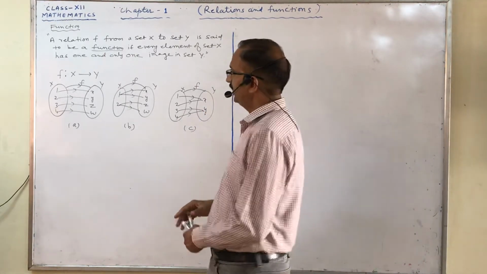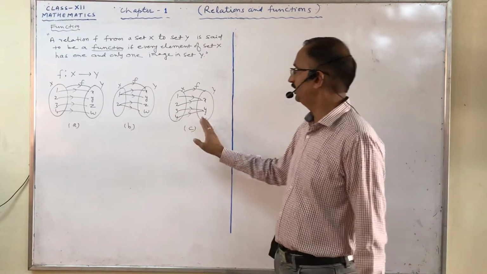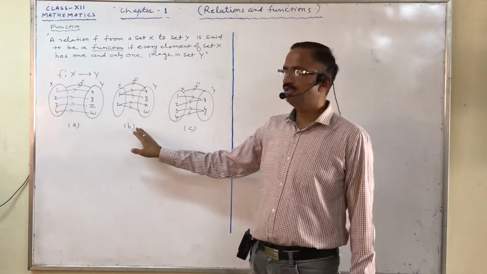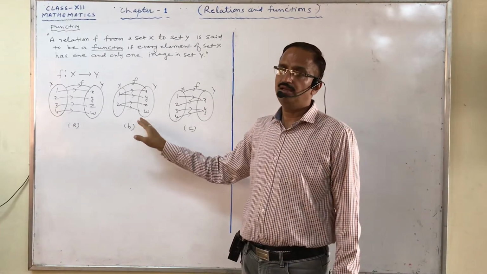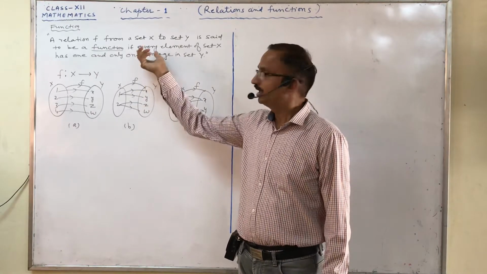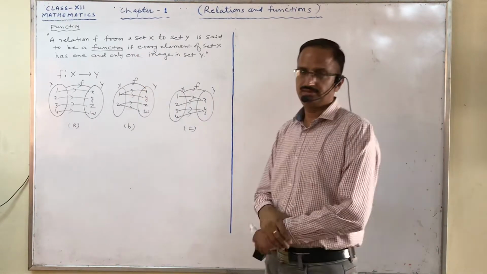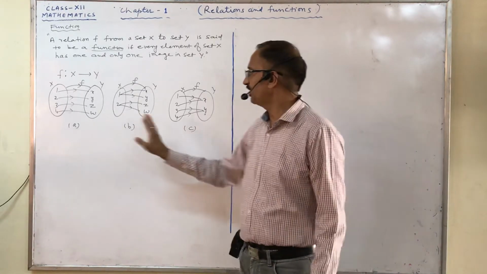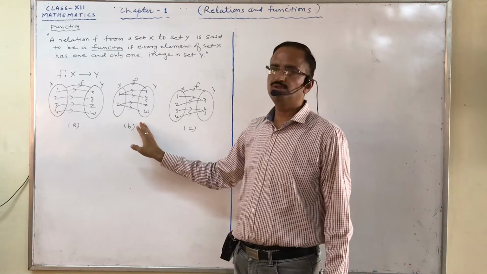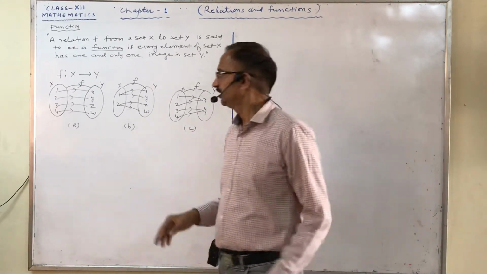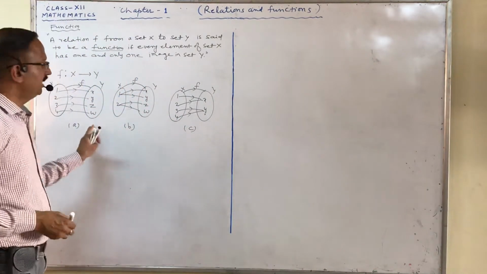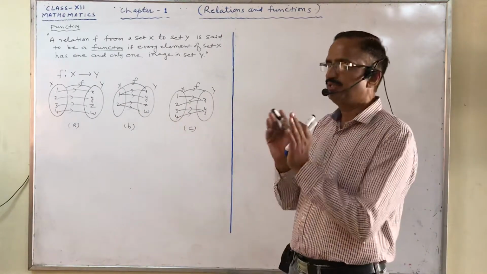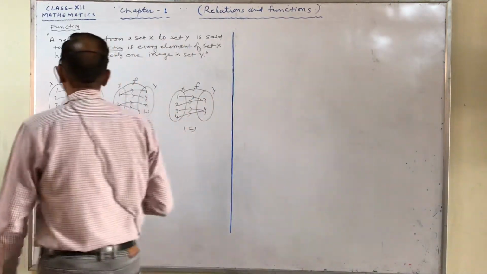So we can say that the first and third follow this definition, but the second one, B, does not obey this definition. It means these two are functions, but this is not a function. If we write these ray diagrams in the form of relation, means roster form, we can write like this.